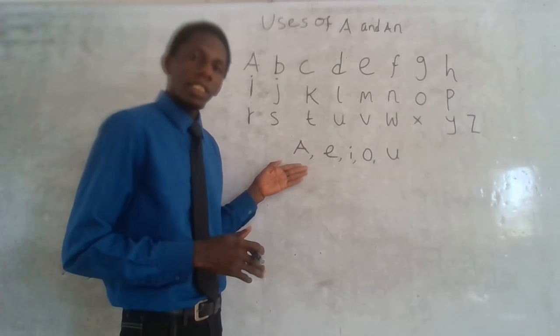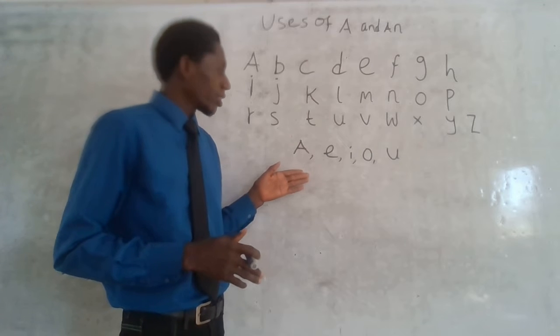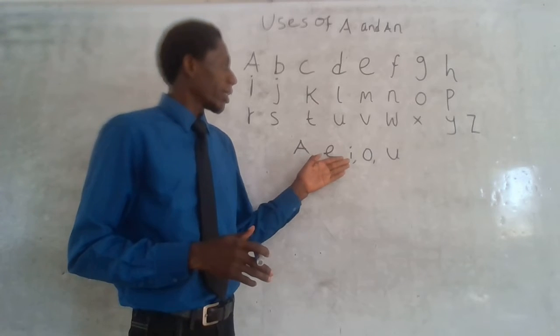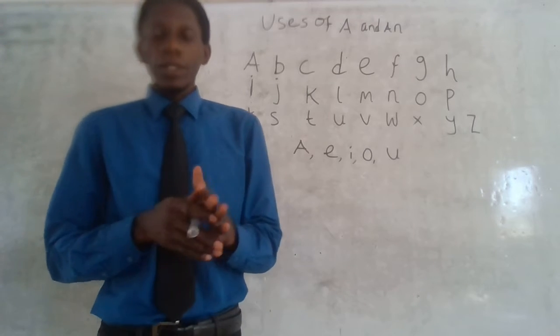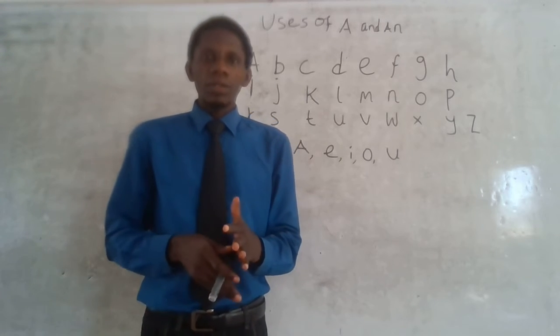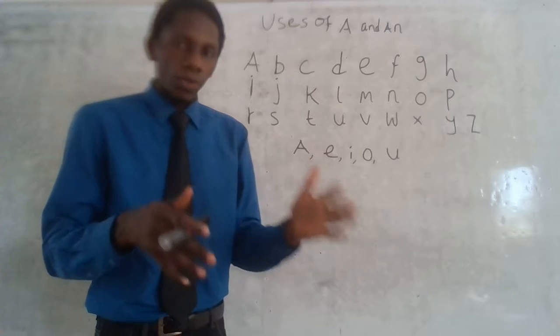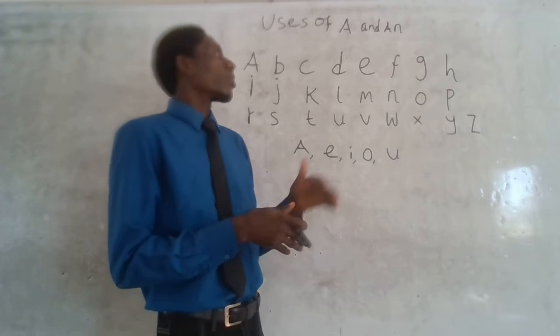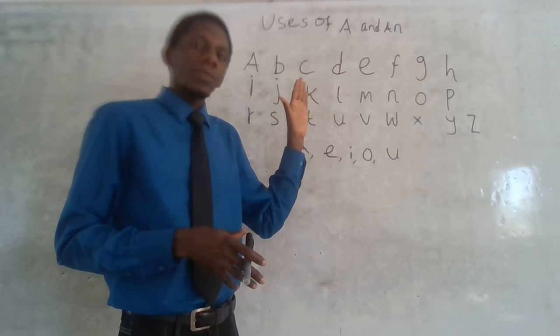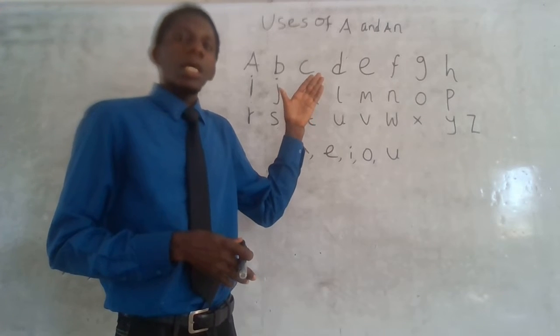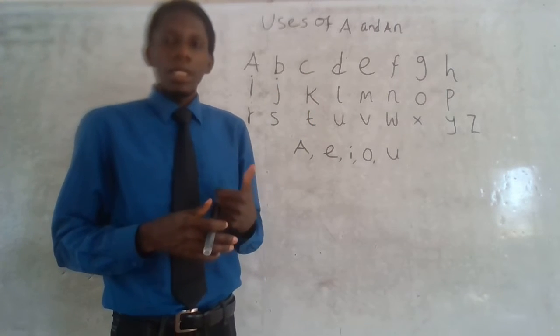You can pronounce this letter as A in this case. A, E, I, O, U, they are called vowel sounds. So they are the vowels out of the 26. Now we have only 21 letters left, and those 21 letters are consonant letters.